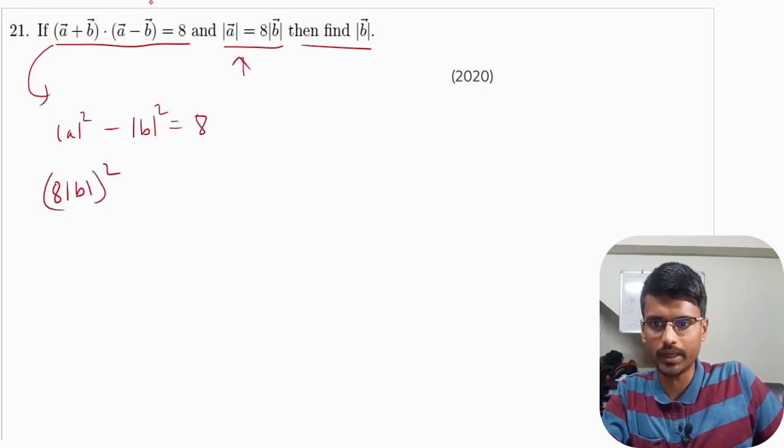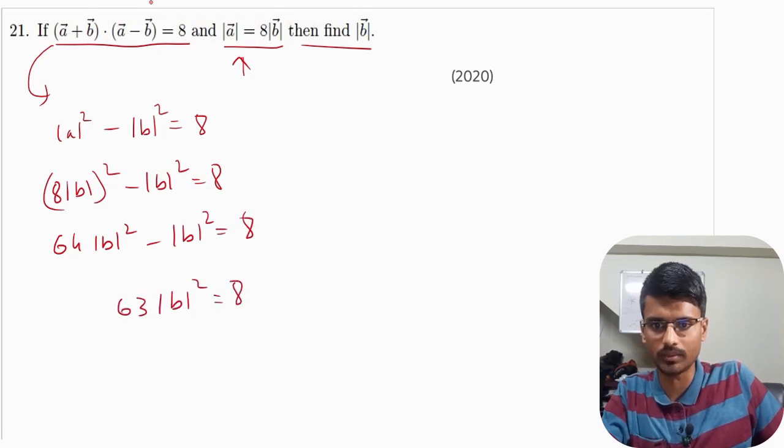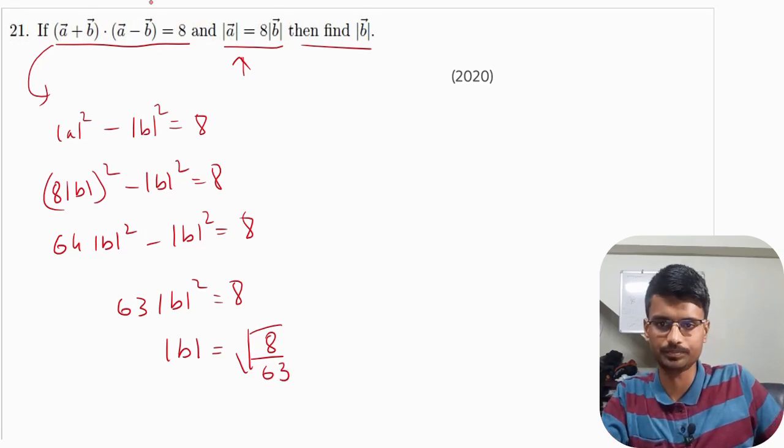So (8b)² − b², and I think you will get the answer. This is nothing but 64b² − b² = 8, which is 63|b|² = 8. So the magnitude of vector b is the square root of 8/63. Simple. The only thing is you need to know this: (a + b)·(a − b) is equal to a² − b².